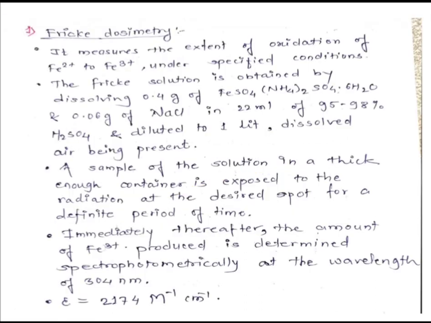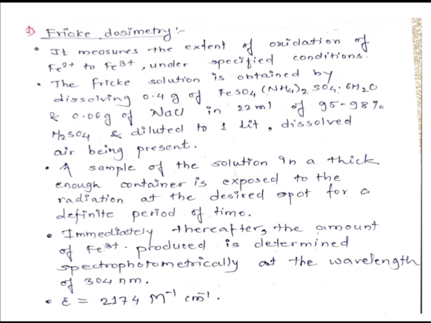Fricke dosimetry measures the extent of oxidation of Fe2+ to Fe3+. So simply the oxidation of Fe will occur from Fe2+ to Fe3+ under specified conditions, and the Fricke solution is obtained by dissolving 0.4 gram of FeSO4.(NH4)2SO4.6H2O.